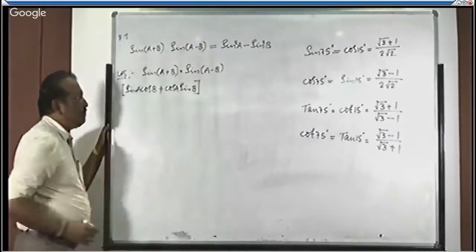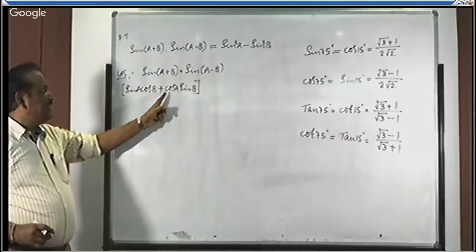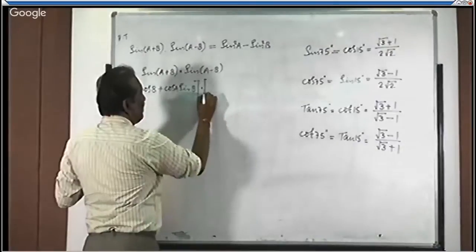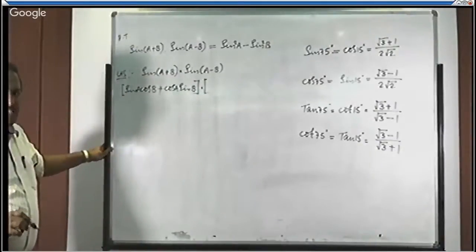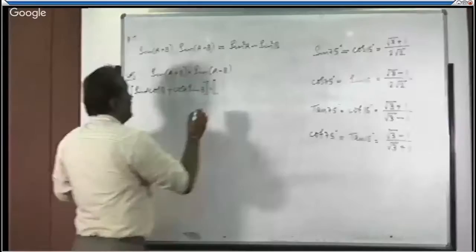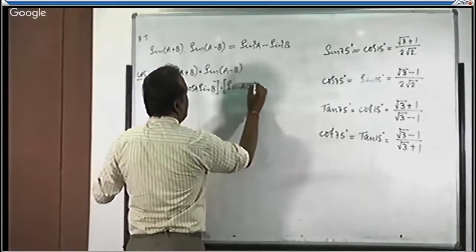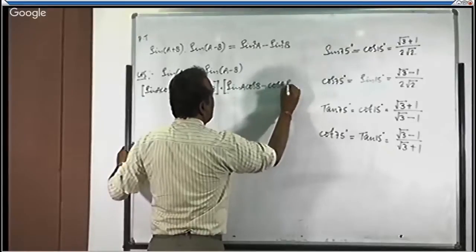I just replace sine of a plus b as sine a cos b plus cos a sine b. Into the second term, it is sine of a minus b. We also know the subtraction formula for sine in the form of sine of a minus b. It is sine a cos b minus cos a sine b.